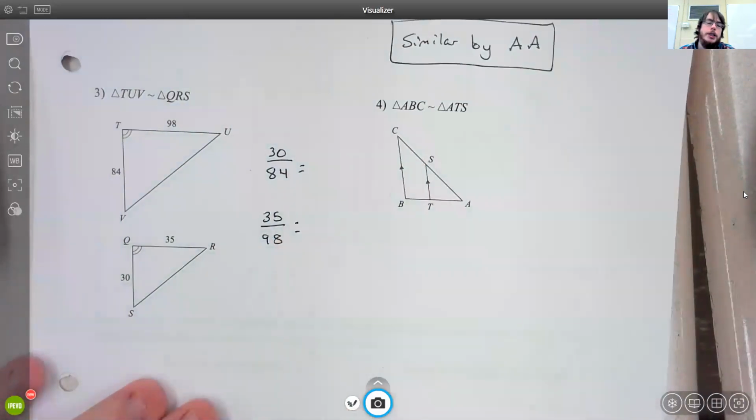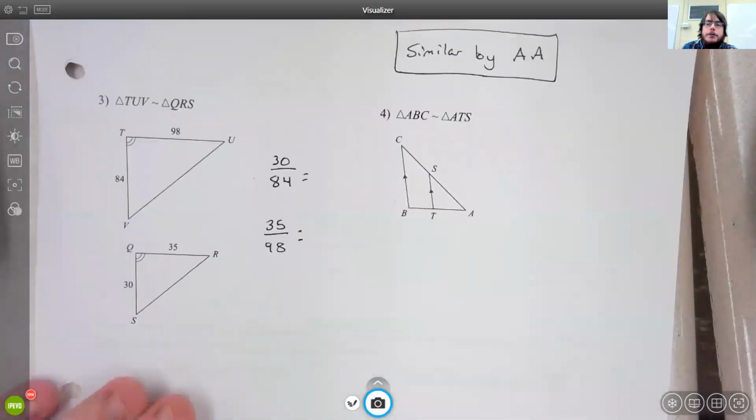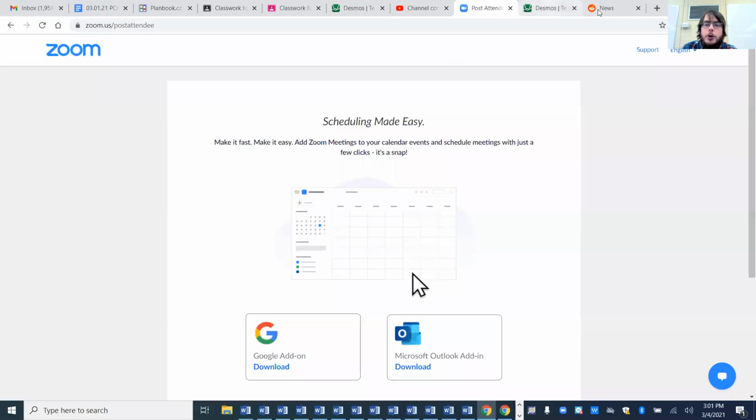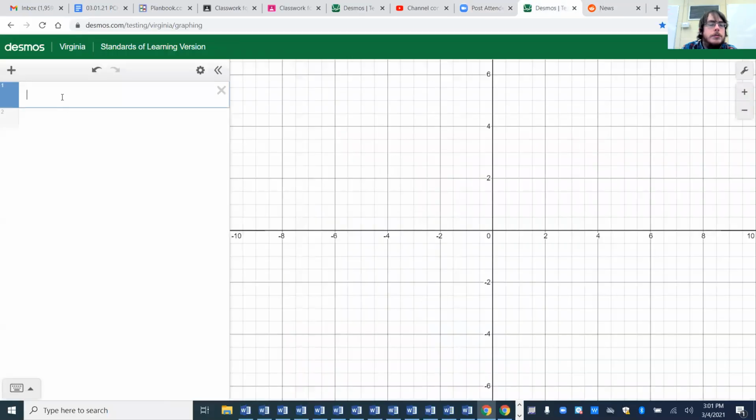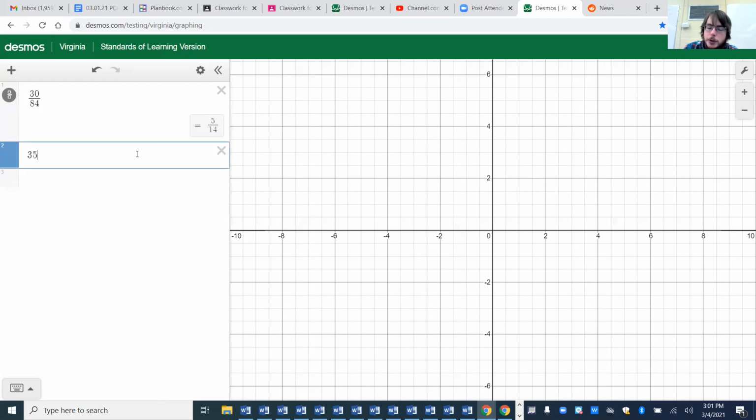And now we're going to go into Desmos to simplify these fractions real quick, just to make it quicker. So we have 30 over 84, which is 5/14. And now we need to see if the other ratio is 5/14 when simplified.